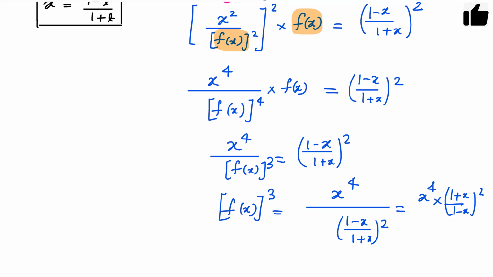So now you know f(x) cubed, you can simply take the cube root. f(x) cubed is simply x to the power 4 times ((1 plus x) divided by (1 minus x)) raised to the power 2.